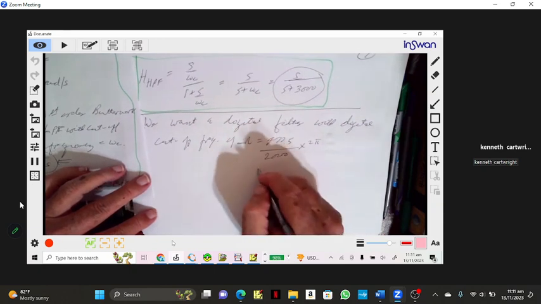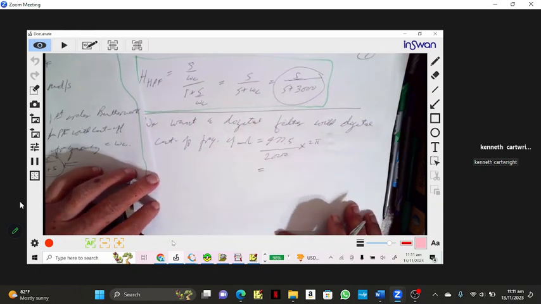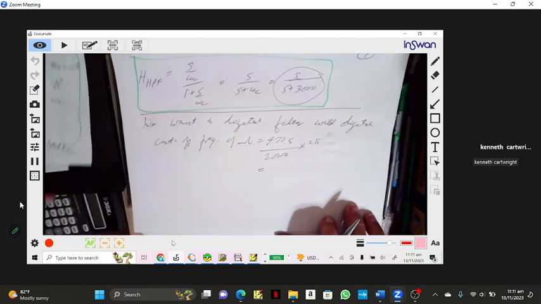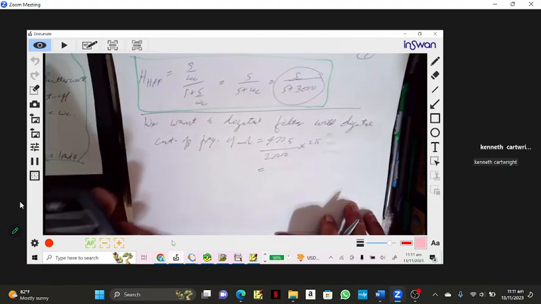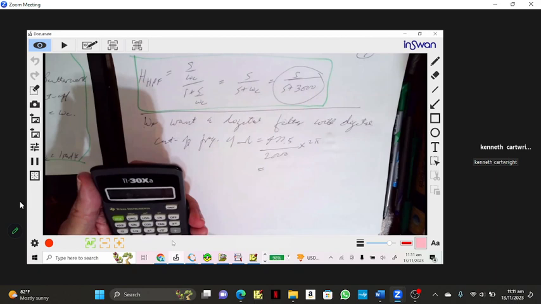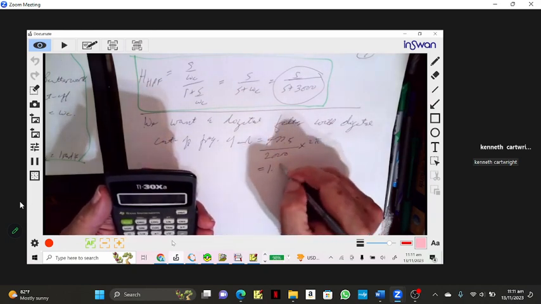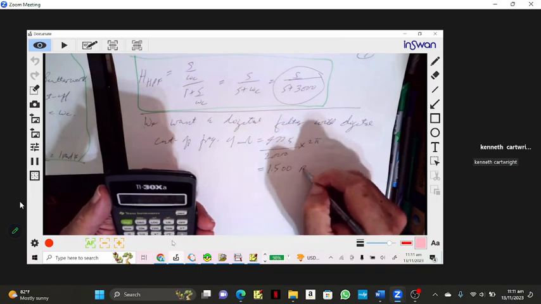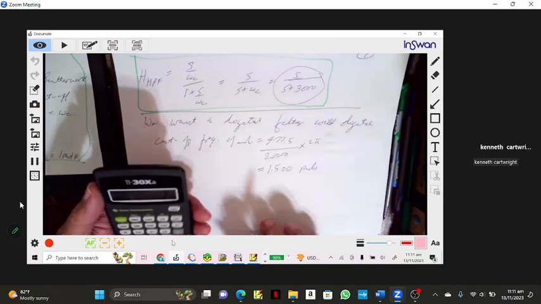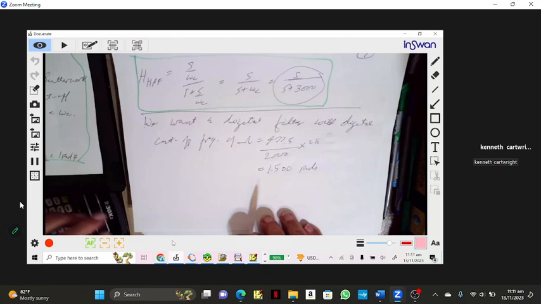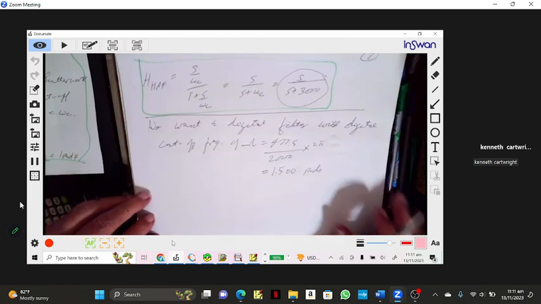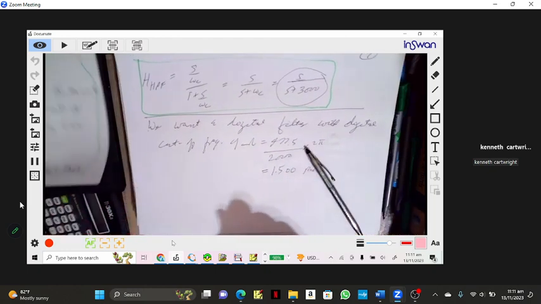That's what we want. That's 477.5 divided by 2,000 times 2 times pi, which equals 1.5 radians.